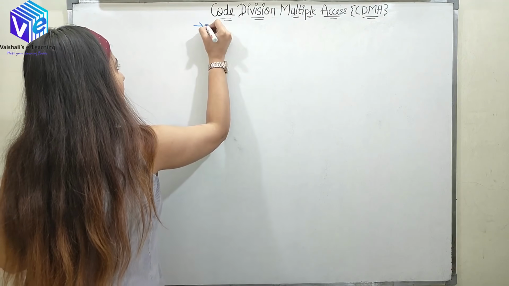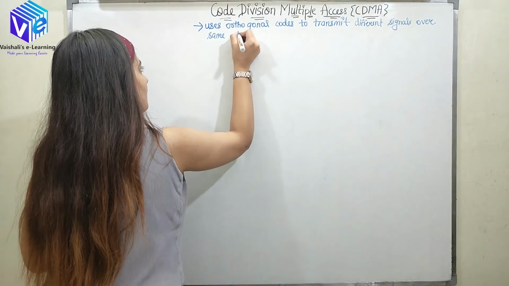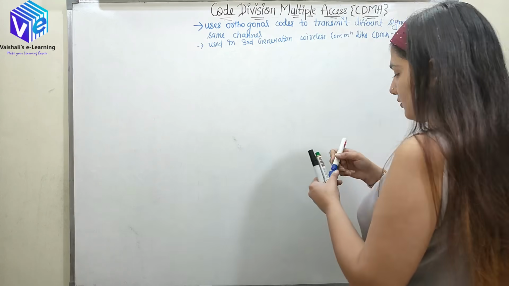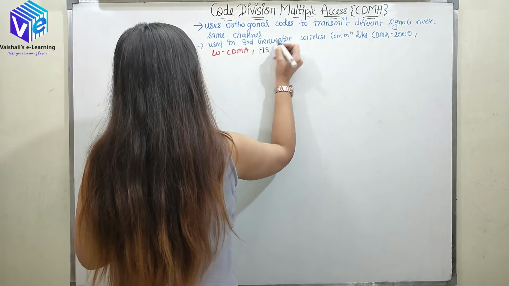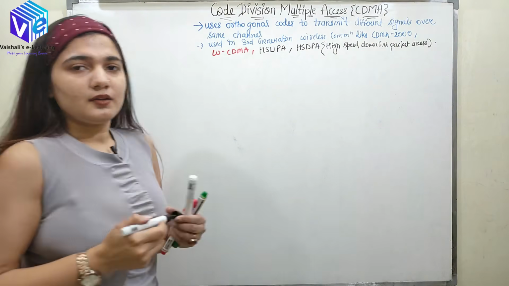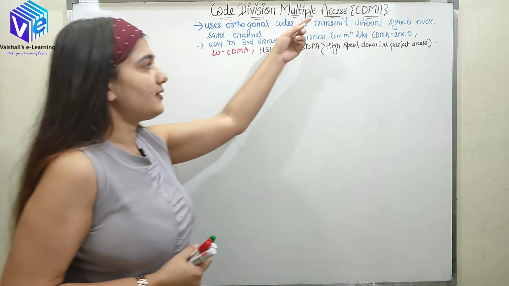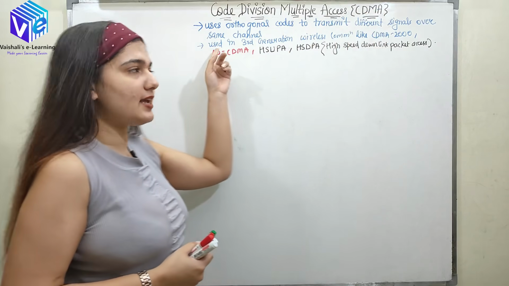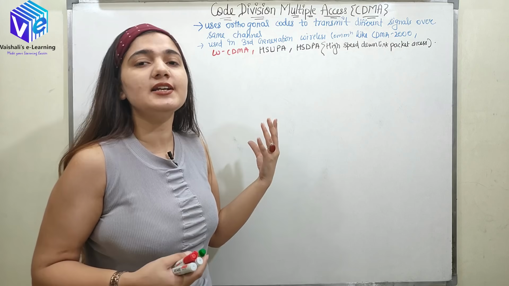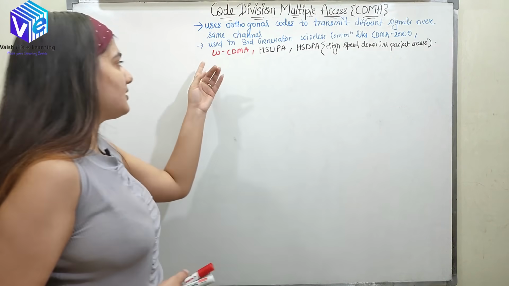So I can say code division multiple access uses orthogonal codes to transmit different signals over the same channel, and it is used in third generation wireless communication, or specifically third generation data transfer, like CDMA 2000 and WCDMA.